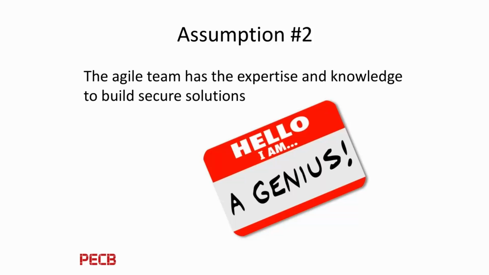Information security also assumes that the Agile team has the skills and the expertise and the knowledge to build a secure solution, overall secure solution. They assume that they know how to prevent buffer overflows and how to prevent cross-site scripting or SQL injection.